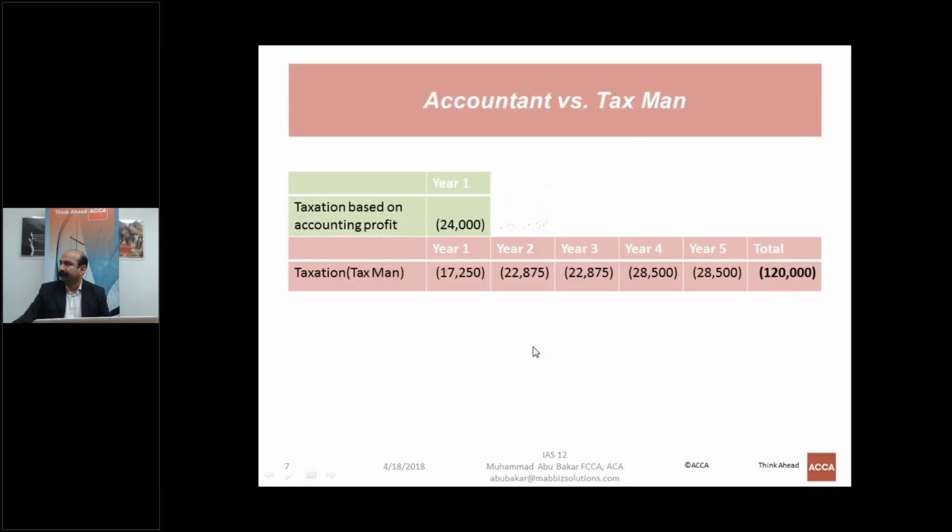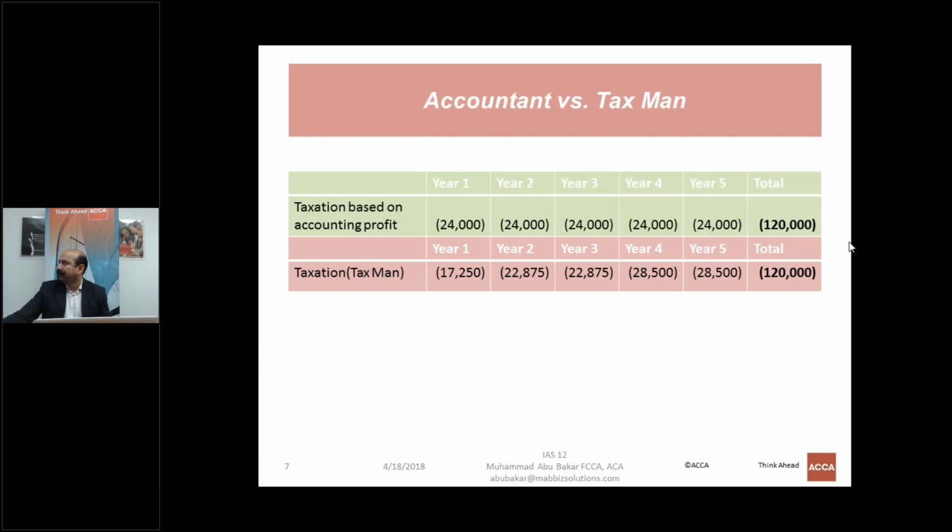Here, I was discussing that the concept is very simple. This is your expense as per accountant, and we believe in accounting principle. If you incur an expense of 24,000, and you are paying only 17,250, what does it mean? This means you are paying less than the amount of expense. So the difference will become a liability.